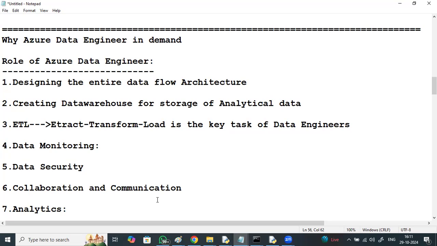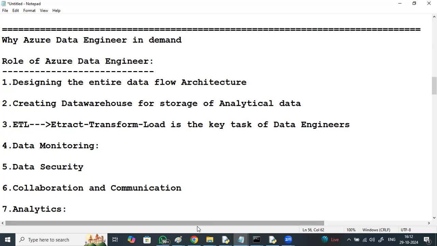Data security is also a major responsibility of data engineers. Data needs to be secure at each step of the process without any leaks or exposure. Collaboration and communication: data engineers have to constantly communicate with the business team to check what the data requirement is, and also with the data scientist in delivering the data as per the requirement.